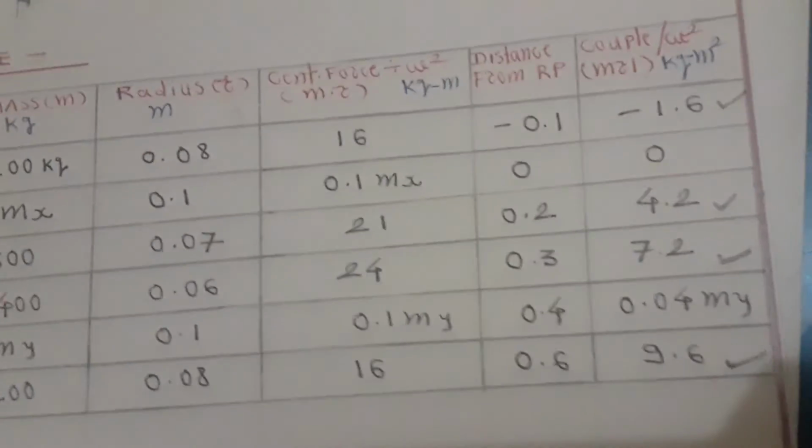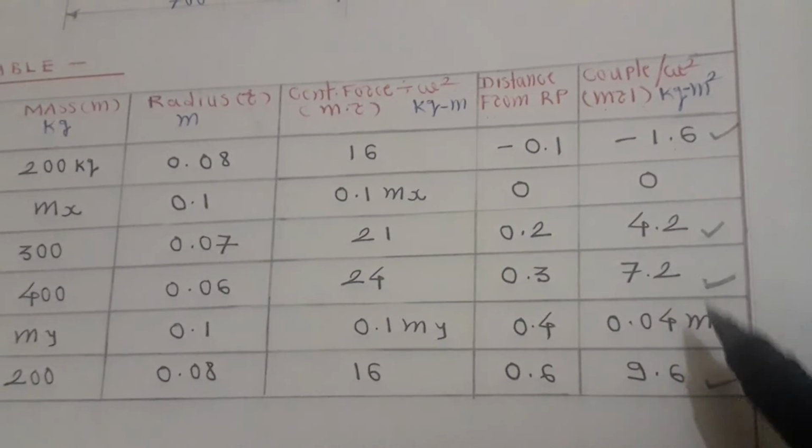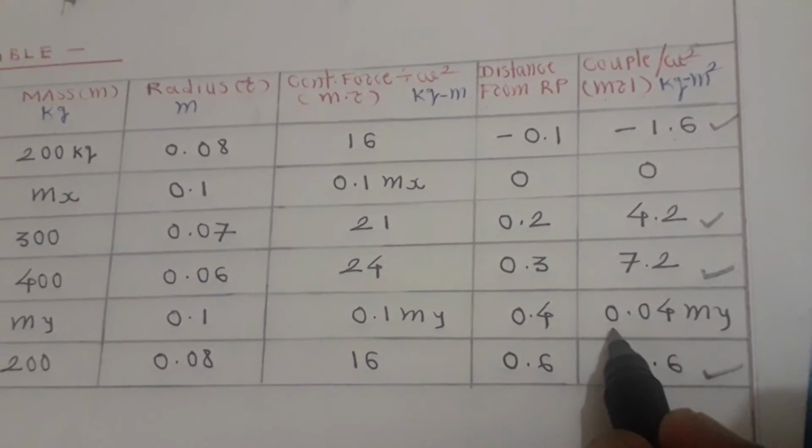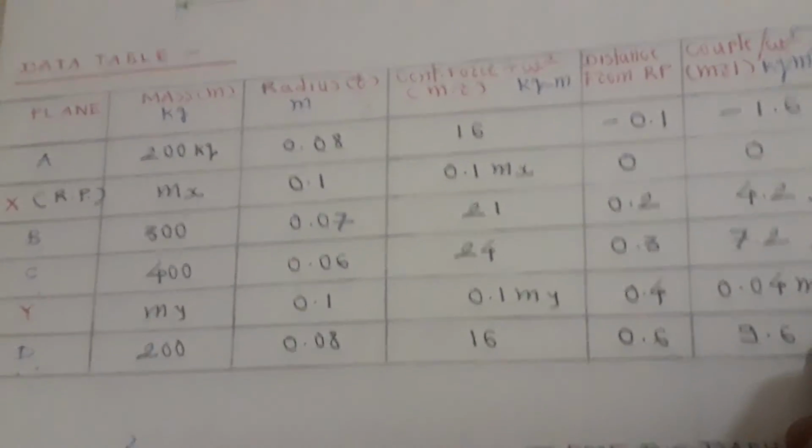So here in the last column we can see the balance couple. It is for the magnitude of 0.04 m into y.